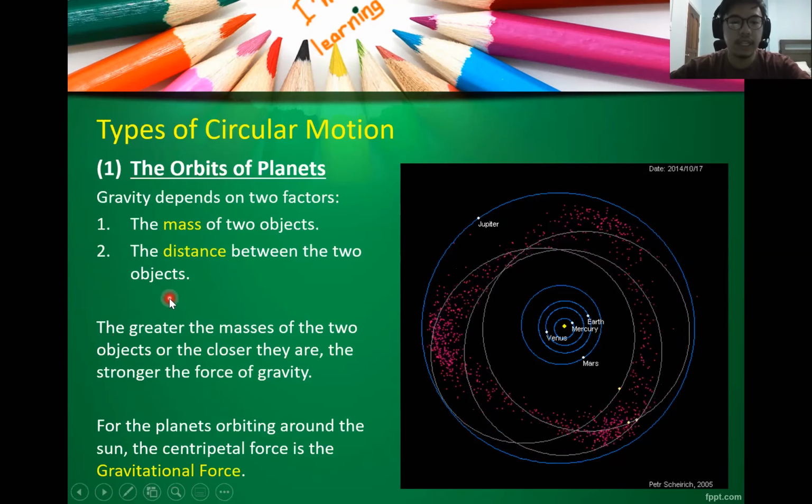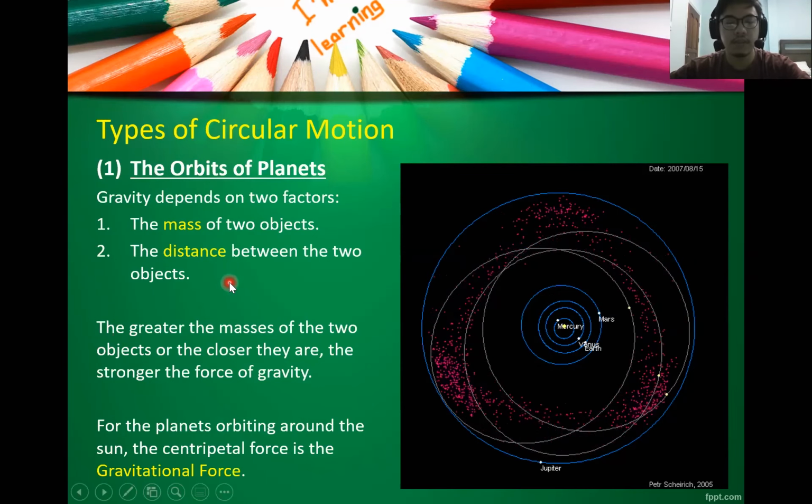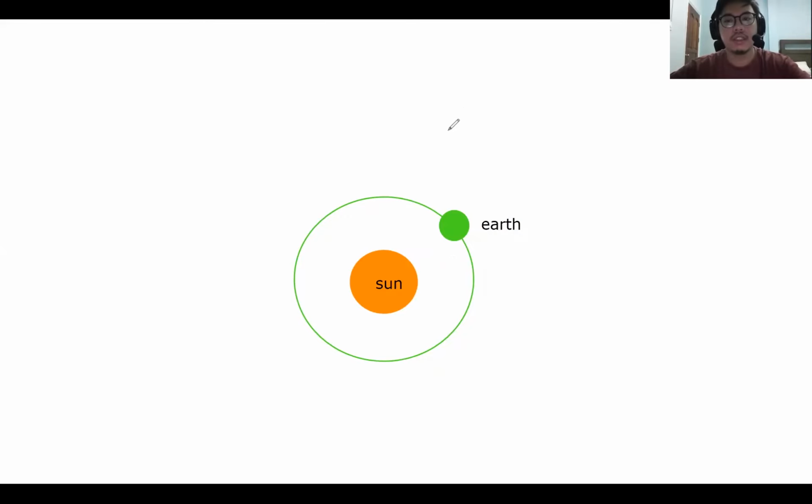For the planets orbiting around the sun, the centripetal force is the gravitational force. Right? So here is a diagram of the Earth moving around the sun. It's moving around in its orbit. So that is also known as a type of circular motion. The reason why they are moving around in circles is because there is a gravitational force between the Earth and the sun.